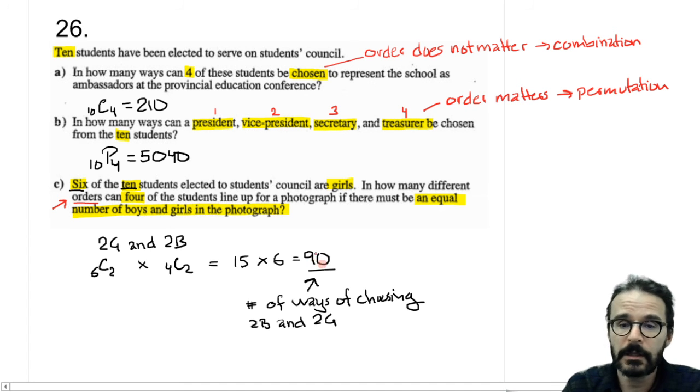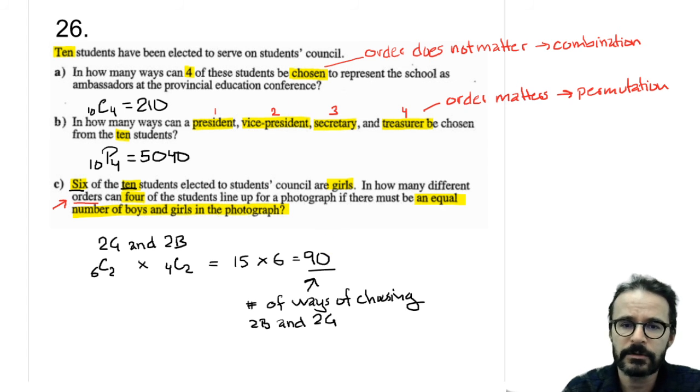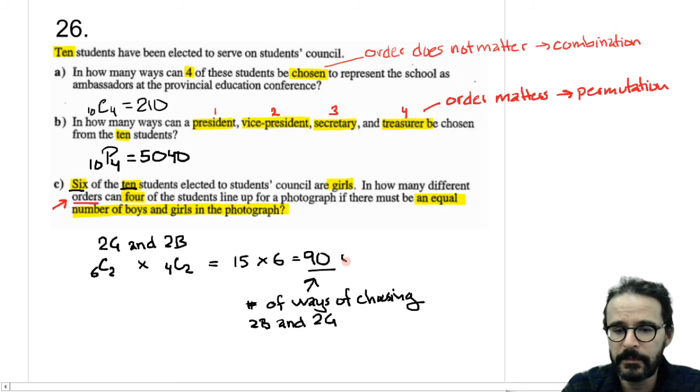Okay, so this is going to be just 4 factorial. Or you can also use the fundamental counting principle, right? Which will lead you to the 4 factorial. So it's going to be times 4 factorial, right?